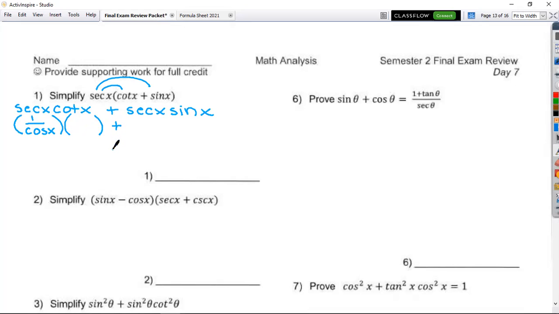So cotangent, even though it's 1 over tangent, does that help you here? No. What else is cotangent? So close. It's not quite sine over cos, but it's cos over sine. So cotangent can be represented as cos of x over sine of x.